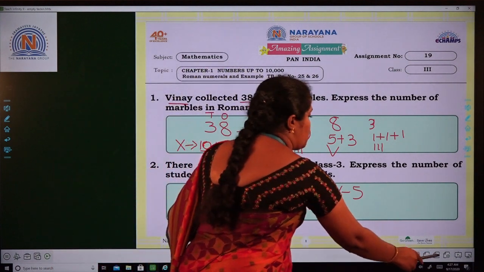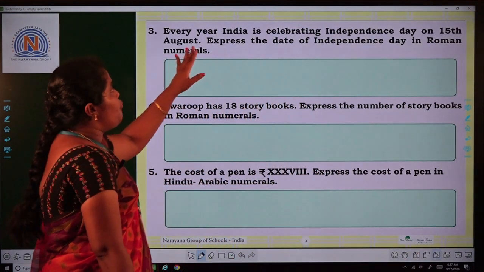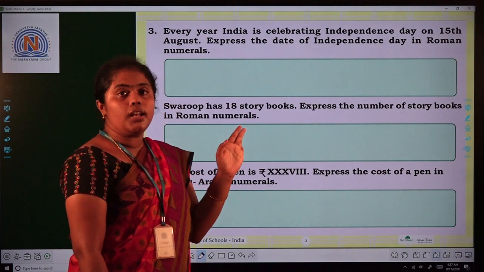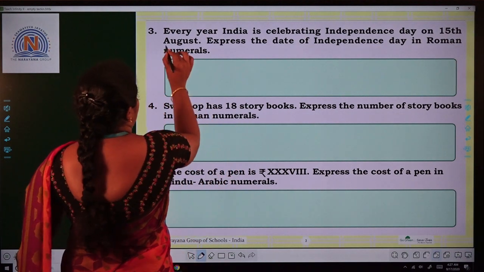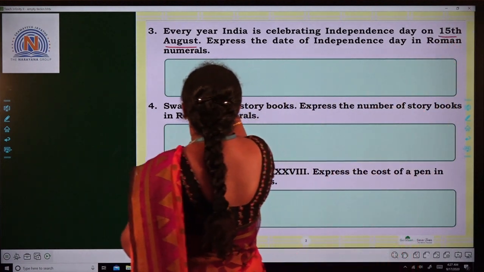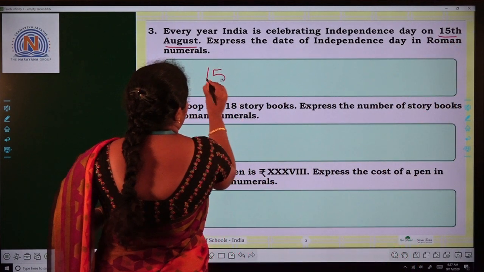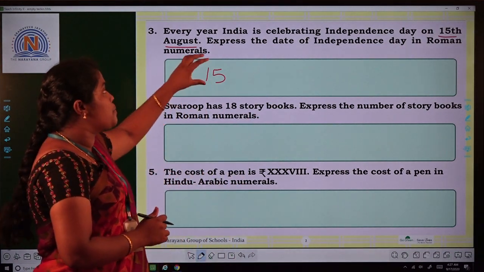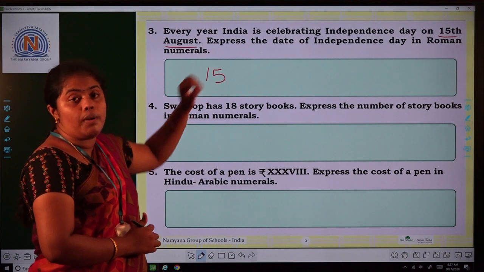Yes. Next, we will go to the next one. Every year, India is celebrating Independence Day on 15th August. Which date are we celebrating Independence Day? 15th August. Express the date of Independence Day in Roman numerals. So we have to express this number in Roman system.